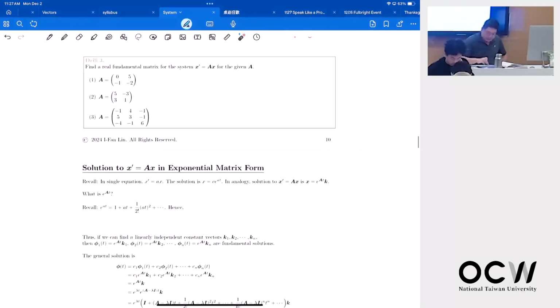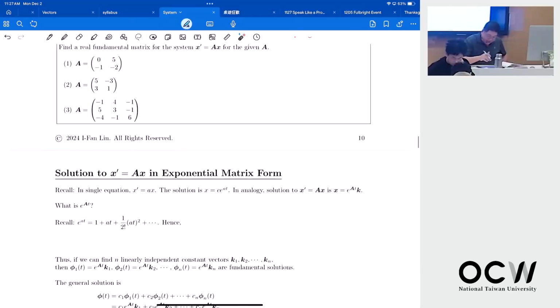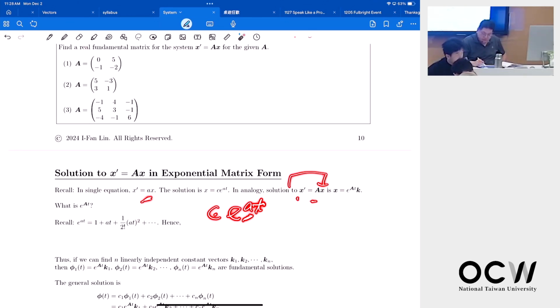But don't you think that for the single equation x prime equals ax, we guess the solution is c times e to the at. Now a is here, right? If I make it a system, then my solution could be e to the At times k. Then what is e to the At? The exponential matrix.